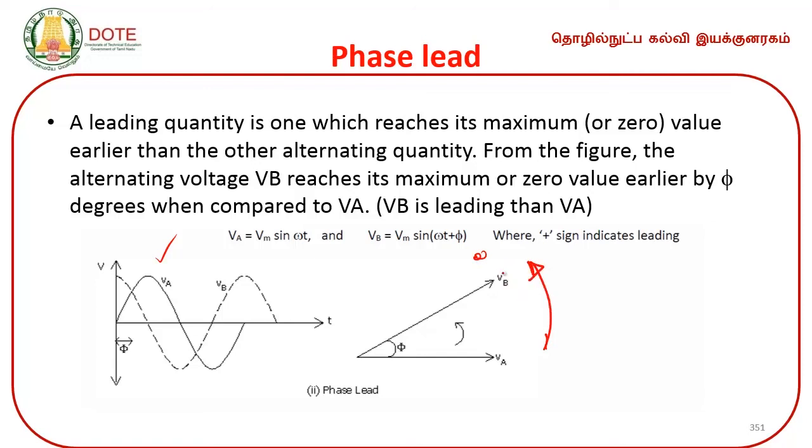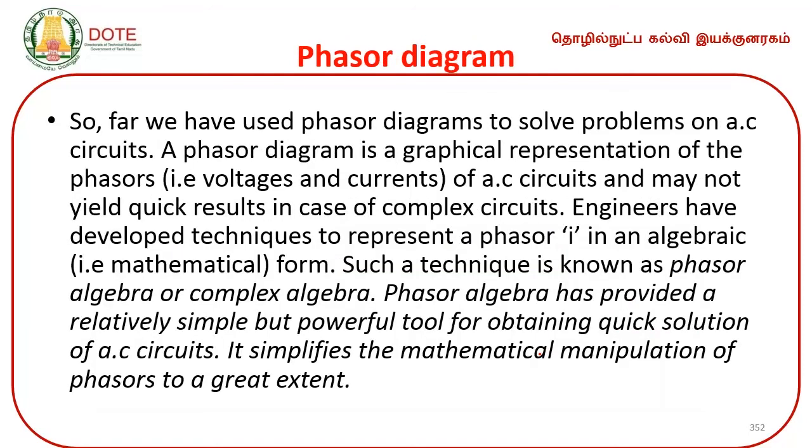Now you can find VB reaches the reference point first and then VA, with the phase angle difference of phi. In this case it is entirely different. So, VA is lagging behind VB by phi angle, or VB is leading VA by phi angle.